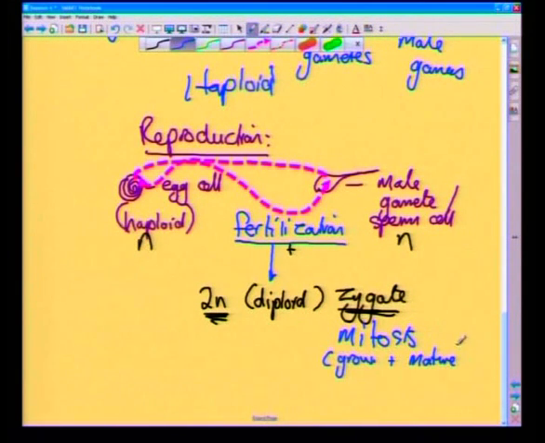And when it is an adult, it will itself undergo meiosis in the sex cells, so that we halve the chromosome content to be haploid, so that the 2 haploid gametes join to form a diploid zygote. And that is the cycle of life. Whether it occurs in the plant kingdom or the animal kingdom, that is how it works.